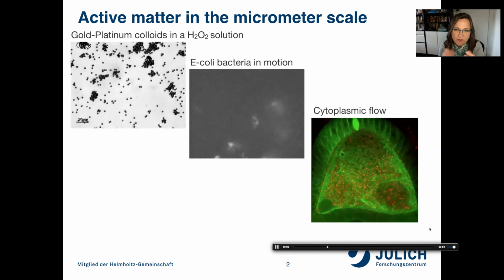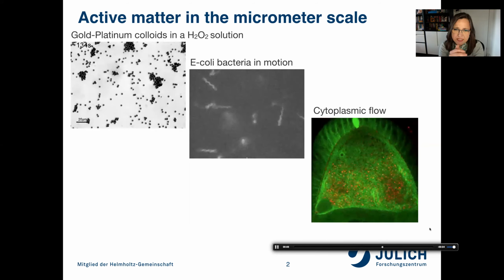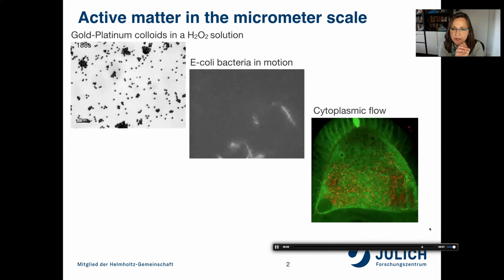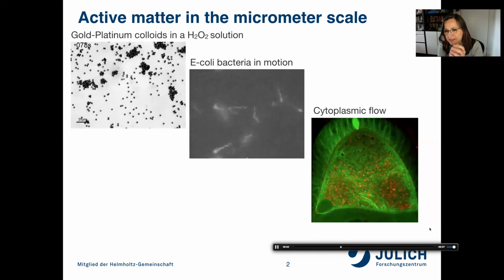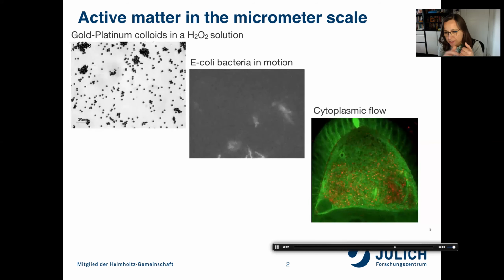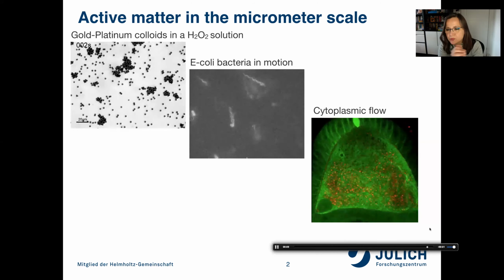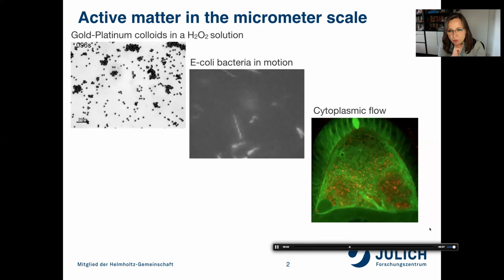Then we have E. coli bacteria, and you can see also how they move thanks to their flagella, and also inside the cell, the cytoplasmic flow generates all these nice flows that allow the interchange of nutrients and other important functions of the cell.